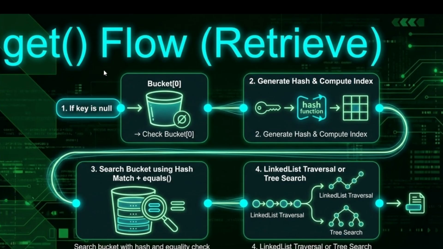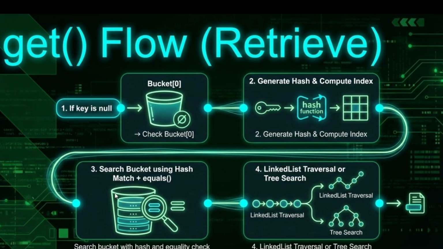Yes, the get flow. If the key is null, go to bucket 0 and return the value. If not, it generates the hash, goes to the table and gets the value. Here we're searching in the bucket using hash and equals as well. That's what we discussed earlier.